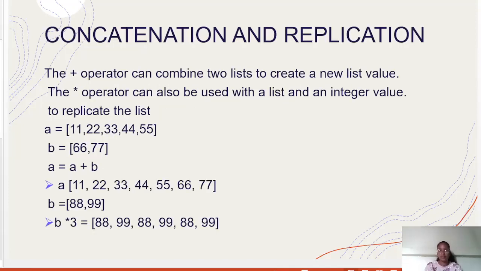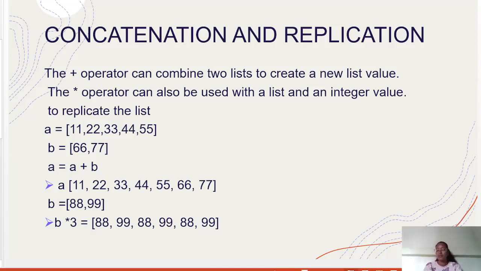Concatenation and replication. These are the two operations that can be done on a string using operators. The plus operator can combine two lists to create a new list value. The asterisk operator can also be used with a list and an integer value to replicate the list. So let us consider two different lists A and B consisting of different sets of values.